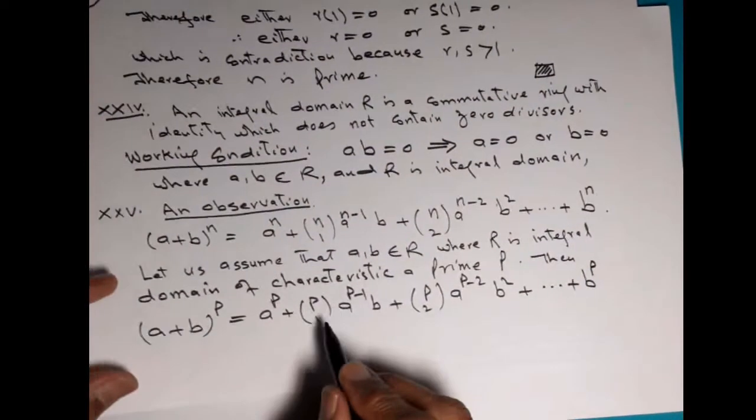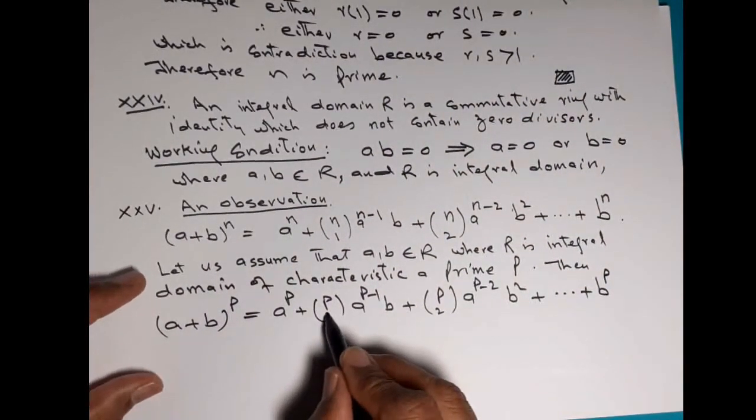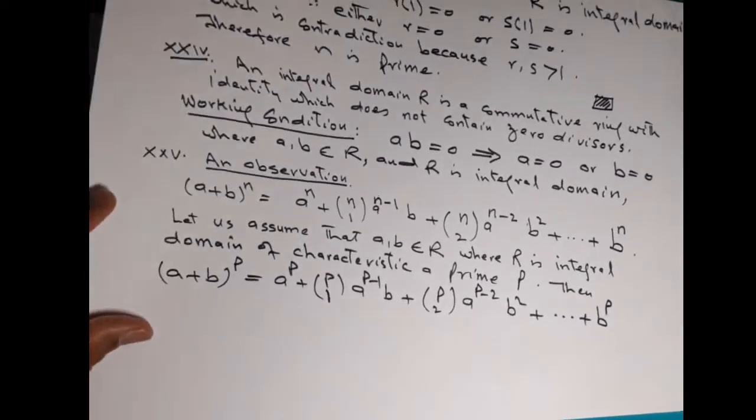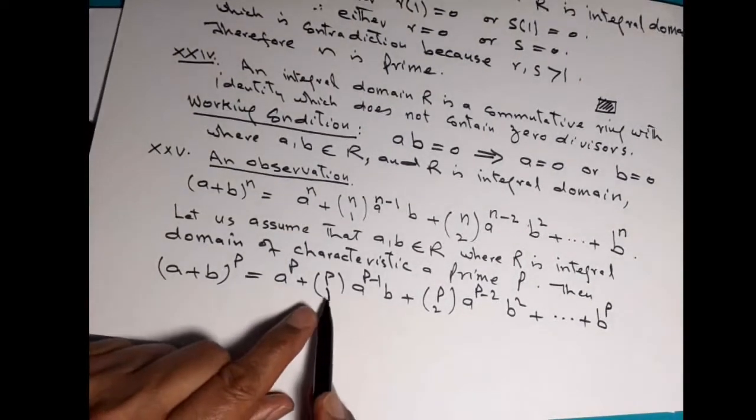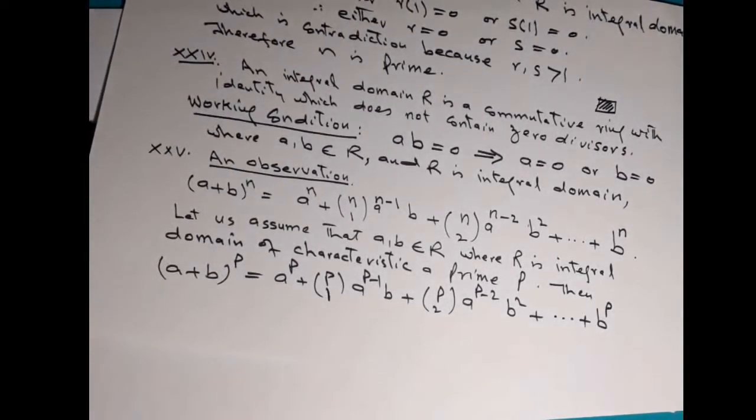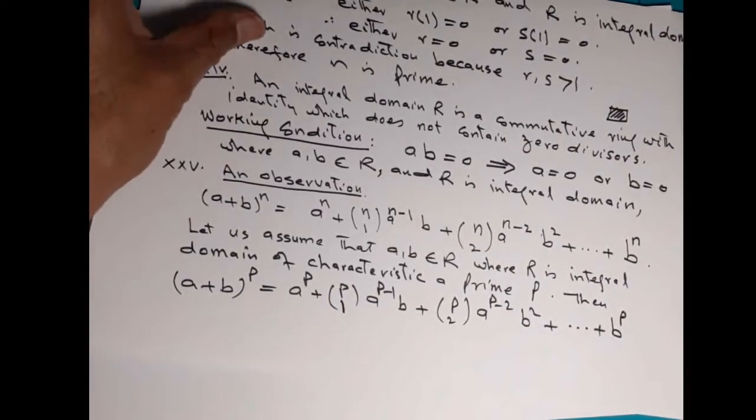Having said that, note that, let me show it again. You know what this pC1 is? pC1 is just p. And pC2 is p into p minus 1 upon 2 factorial, and so on.